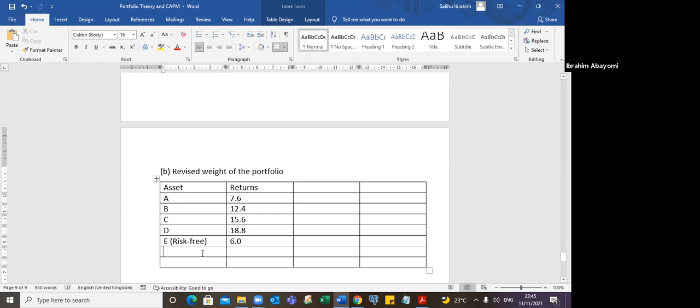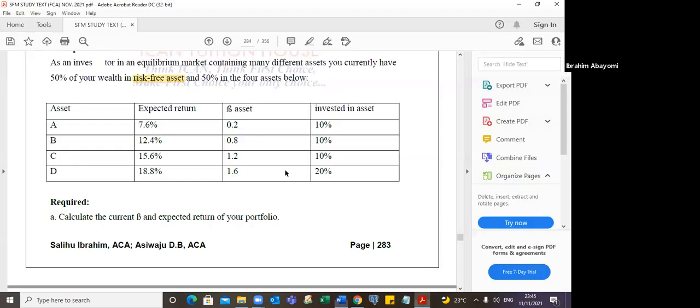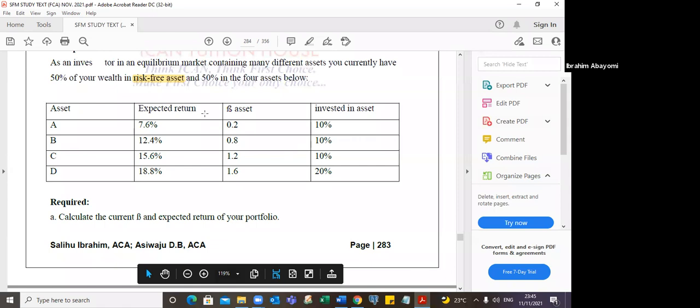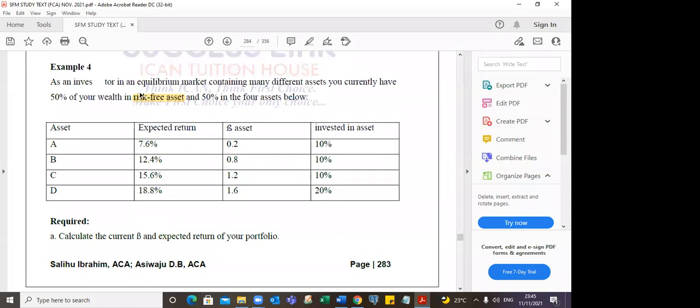Now, the new one we want to buy, look at it too. Let me go back to that question. There are two pieces of information I'm missing.